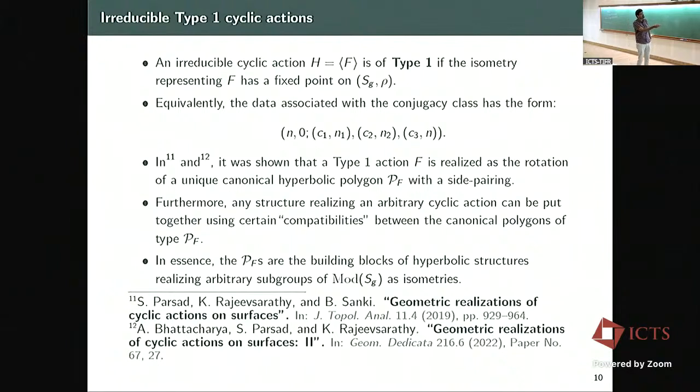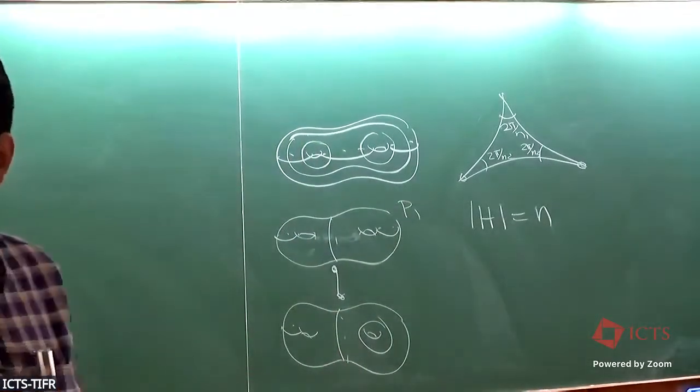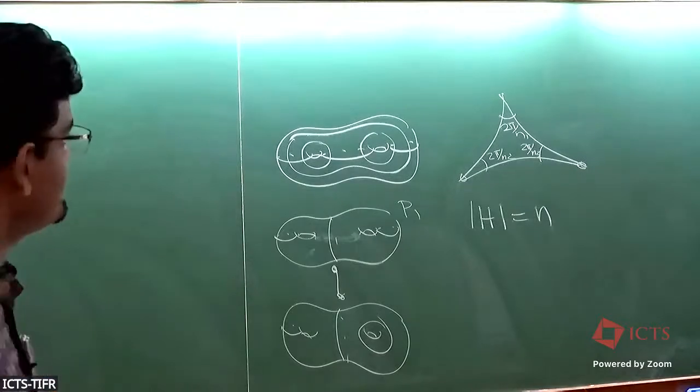Because normally it was C1, N1, C2, N2, C3, N3. The N3 you can replace by an N. This N is the order of H. Let me also make a mark of that: order of H equals N. That N is the order of this cyclic action.